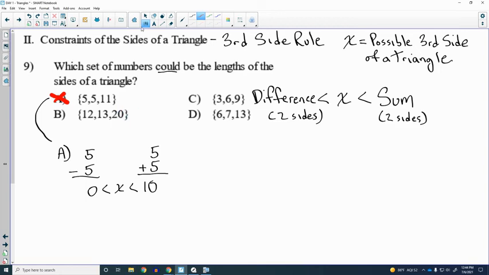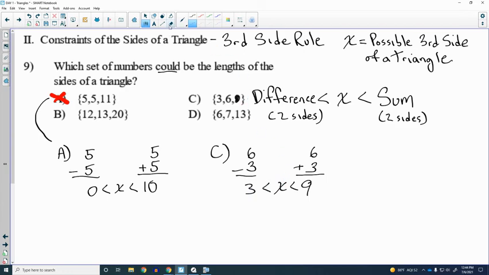All right. Now I'm going to jump and do C right over here. I'm going to do the same thing. In my mind, I cross out the last number. And when I write the numbers here, I always put the bigger number first because I don't want to deal with negatives. So I put 6 over 3. And remember that x is going to be less than the sum, which is 9, and greater than the difference, which is 3.